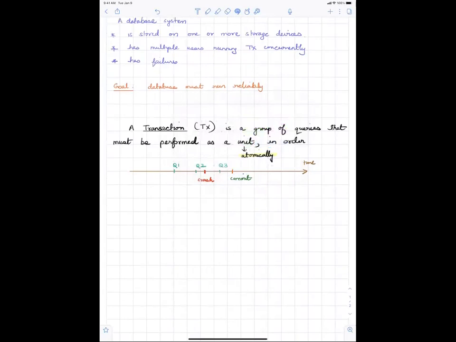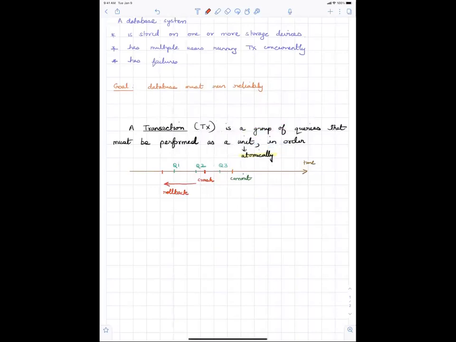A crash is bad. If a crash happens, you do not want Q1 and Q2 to have happened but not Q3. So if a crash happens, you want the system to roll back to the state it was in before anything happened.